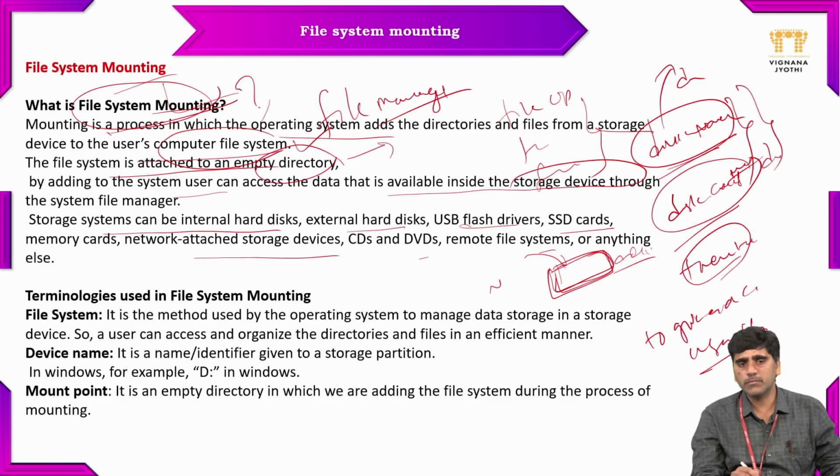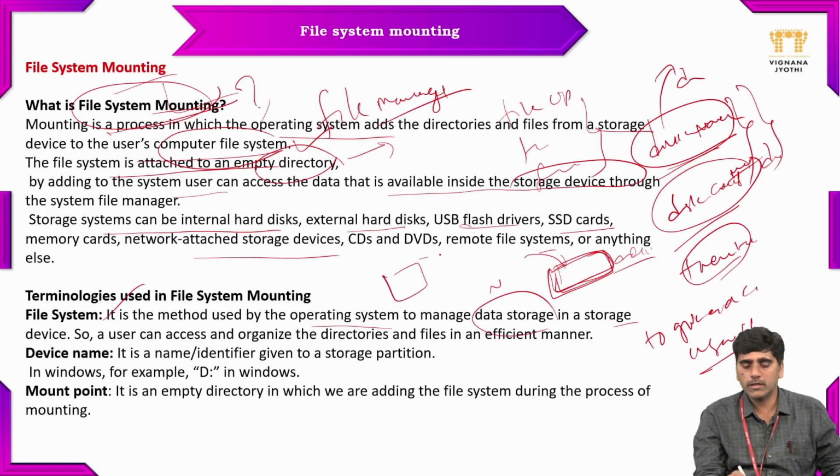To do this file system mounting process, what are the terminologies used in the operating system? The first one is the file system. The file system is a method used by the operating system to manage the data storage in a storage device. Where can we store the data, how can we store it, and how are we organizing it?